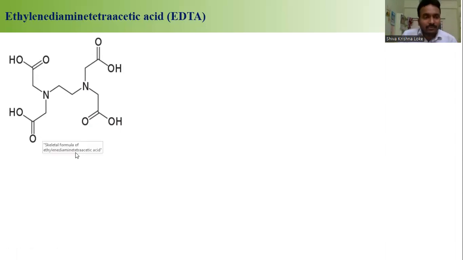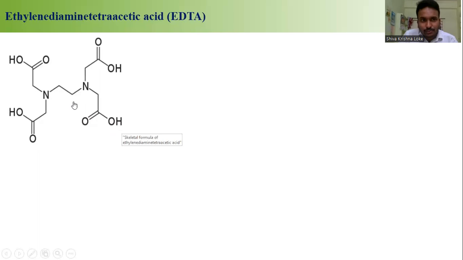But the problem with this EDTA is it won't dissolve in water. In general, organic molecules don't have much solubility in water. So what we have to do is replace two hydrogens. Actually, we have four hydrogens in the EDTA structure.